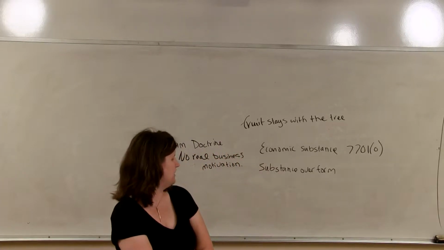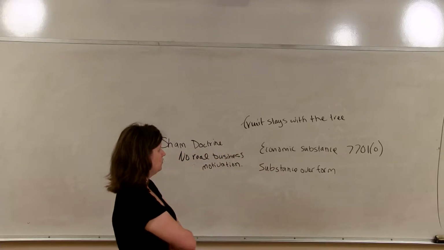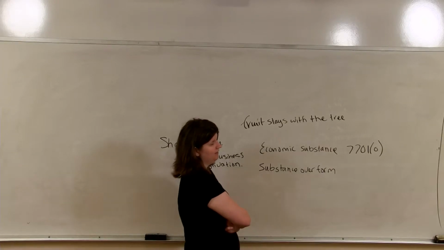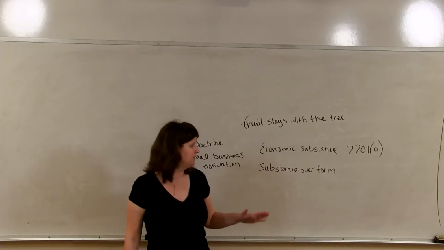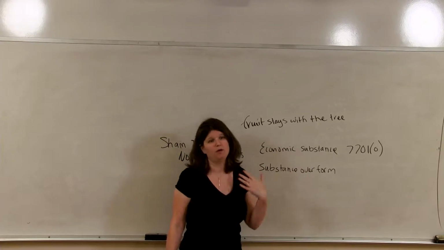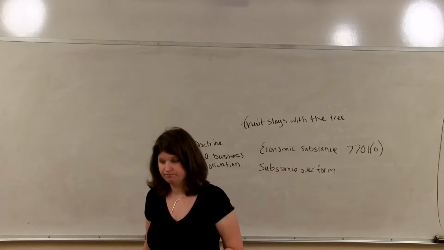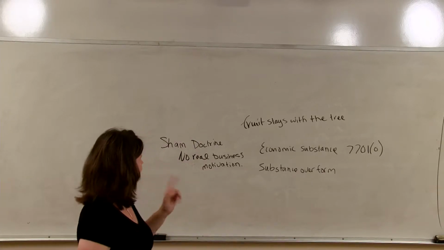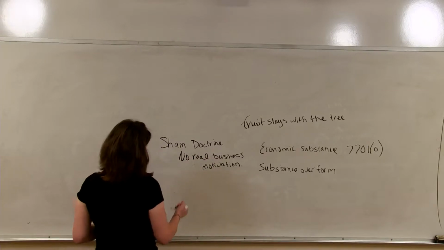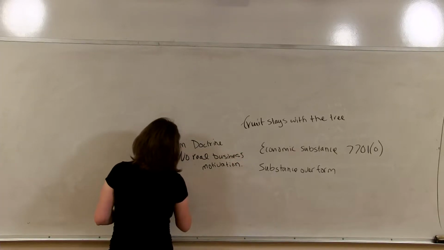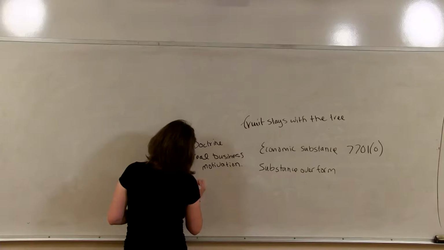So that may be another time where we look past the form and say this is really what the substance of the transaction is. And honestly, this substance over form comes up all the time. Another one which is closely related to sham transaction and economic substance is business purpose.